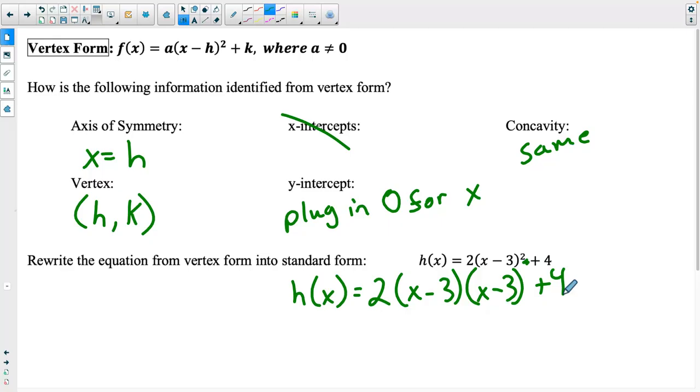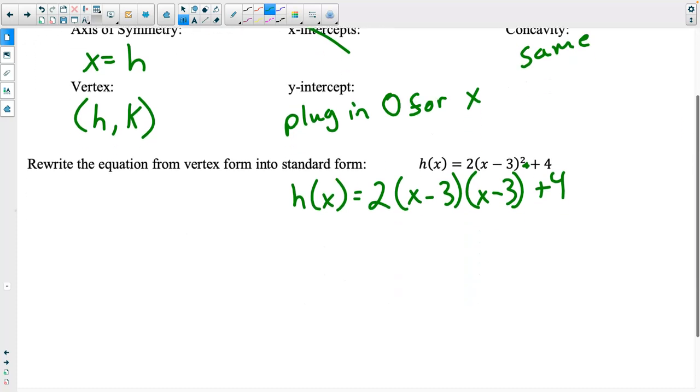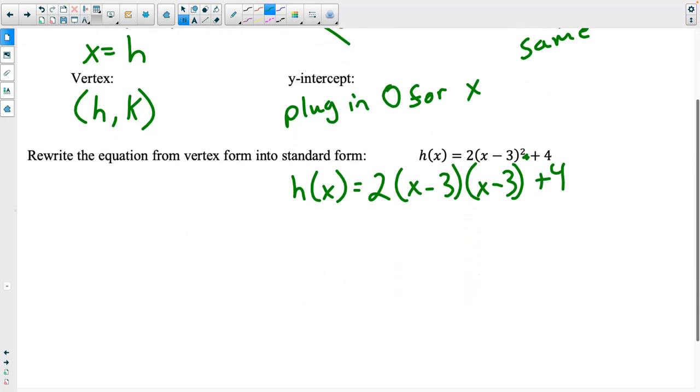And so this time, I'm actually going to recommend doing the problem slightly different. In the last problem, we multiplied the 2 into the function right away. This time, I'm going to put my bar there and say, let's go x minus 3 times x minus 3 and see what we get.